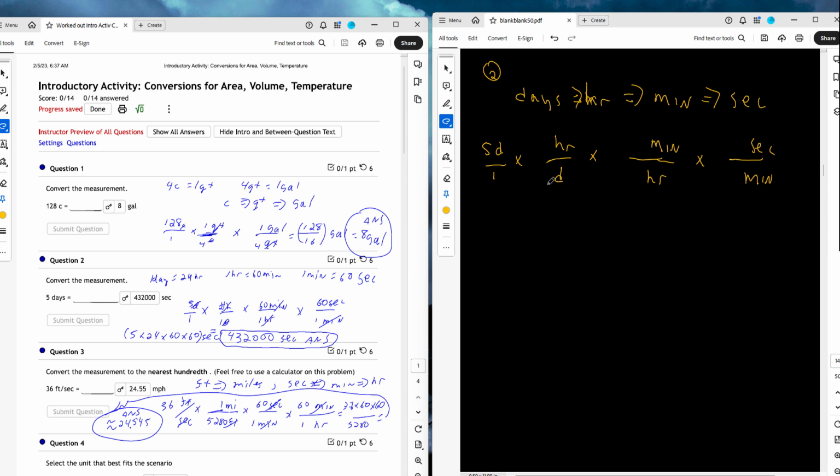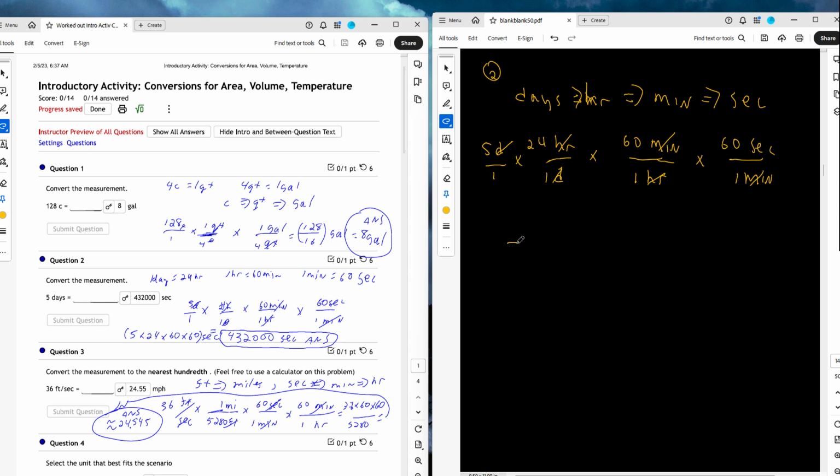Now the relationship between hours and days is that 1 day is 24 hours. And the relationship between hours and minutes is that 1 hour is 60 minutes. The relationship between seconds and minutes, that 1 minute is 60 seconds. So when I multiply, days cancel out, hours cancel out, minutes cancel out. The only thing that's left is seconds.